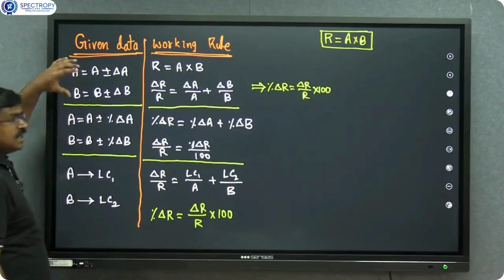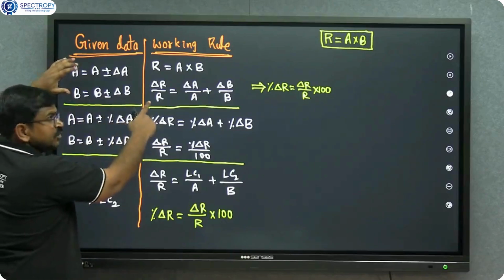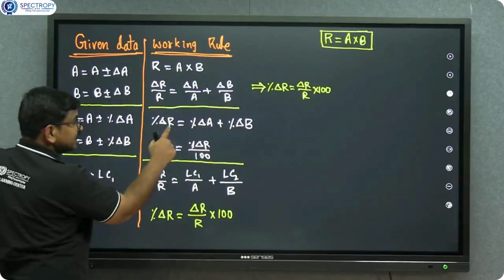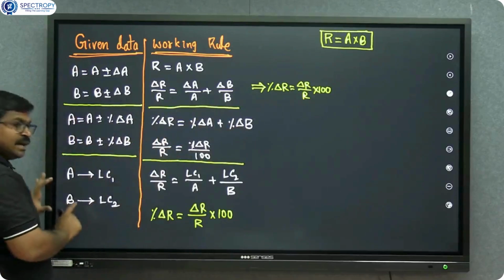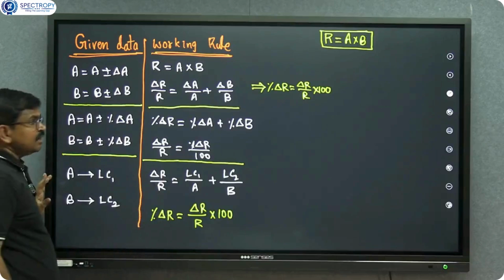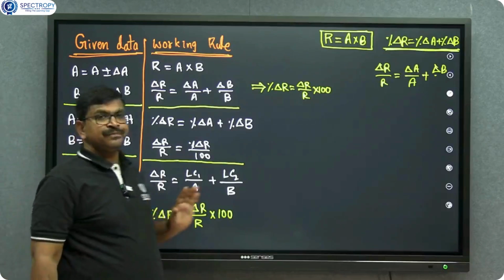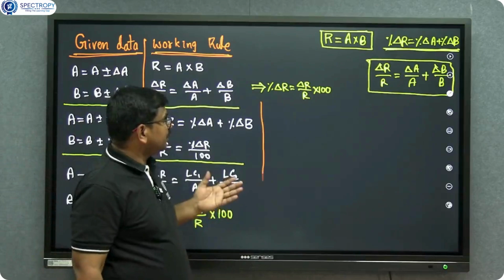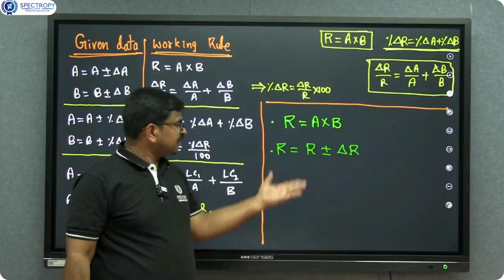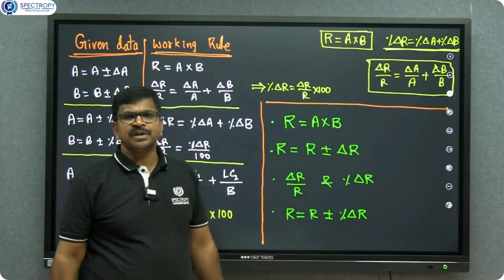So with the first kind of data you can find the relative error or percentage error. With the second kind of data you can find the percentage error or relative error. With the third kind of data you can find the relative error as well as the percentage error. And from these, you can come to the original based on the options and questions. You can figure out whichever is possible.